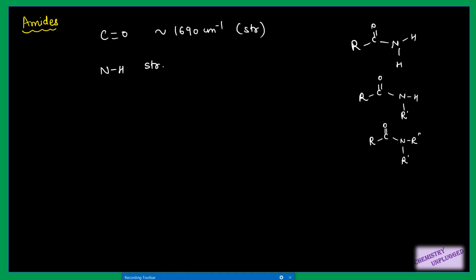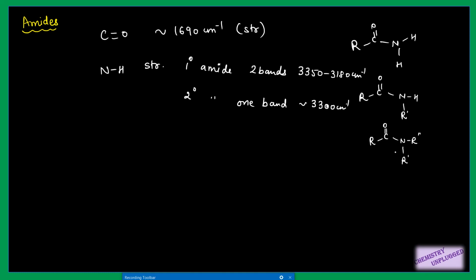For primary amide we will have two bands. This is very important. These bands are close to 3350 to 3180. In between this range you will have two peaks for primary amide. For secondary amide we will have one band, and this band is close to 3300 centimeter inverse.